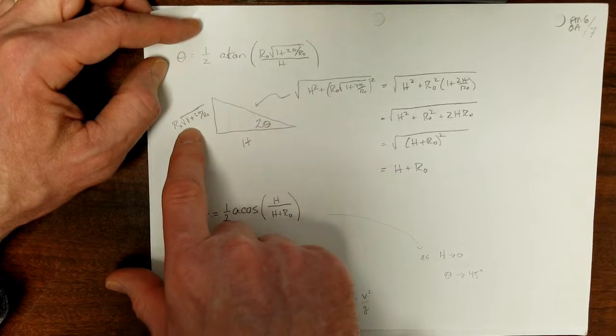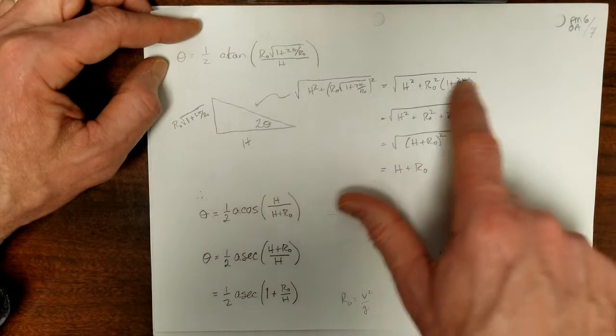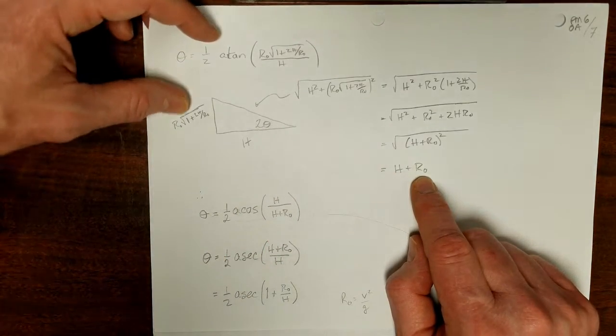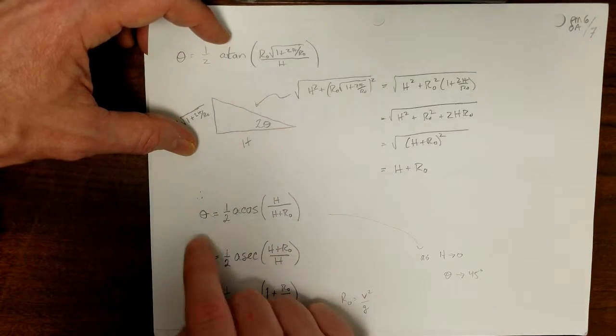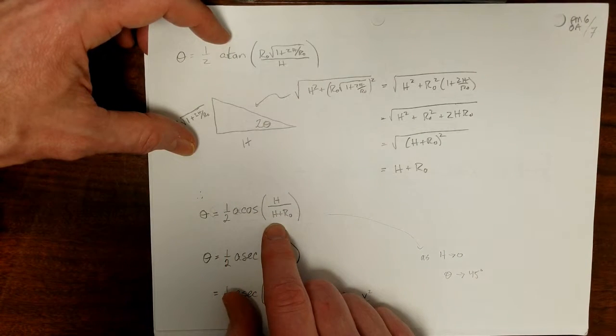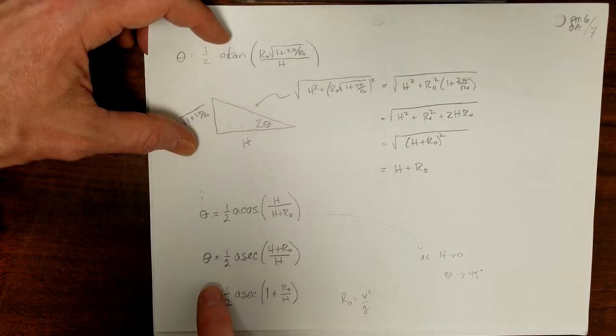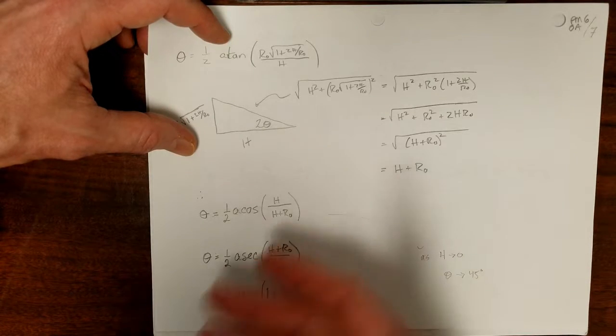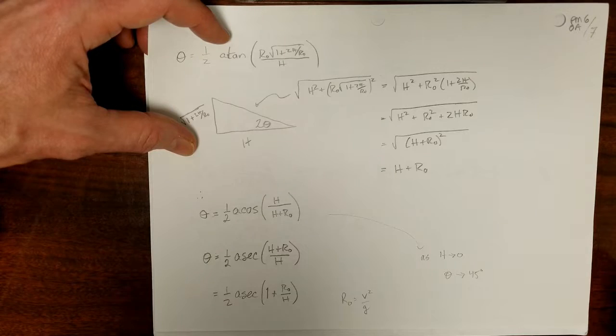And my hypotenuse would be the square root of that squared plus that squared. And if you work all that out, the hypotenuse of this triangle is just h plus r sub naught. So theta becomes 1/2 the arc cosine of h over h plus r sub naught. Or I could do it in terms of secant. And it depends upon what form I want.